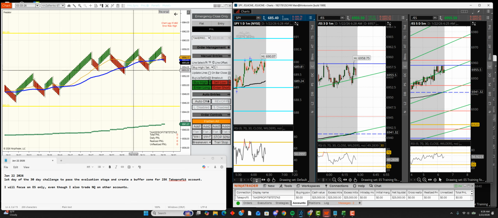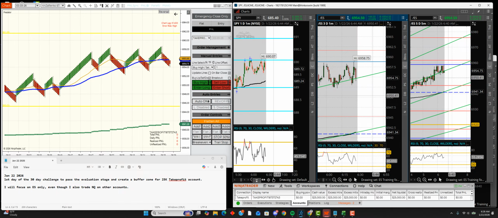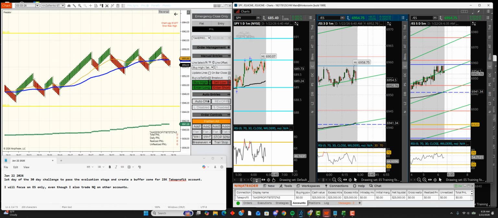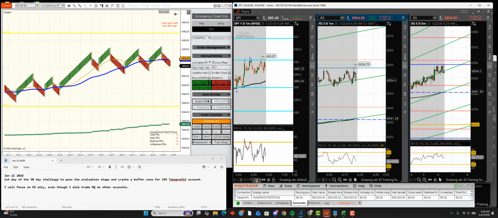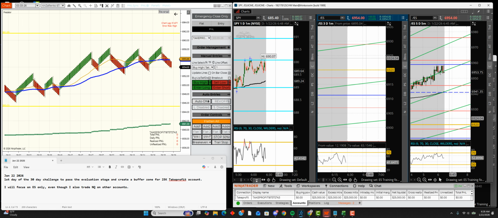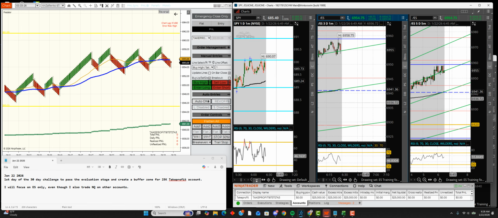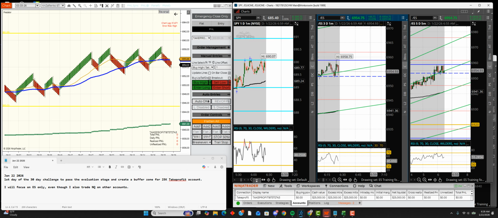Here I'll probably put it on the Ninja as well. The blue line is the overnight high, and I've got the overnight low as well. This yellow line is the Globex open, and this dotted blue line is going to be the day session open. As soon as it opens, I'll change that.